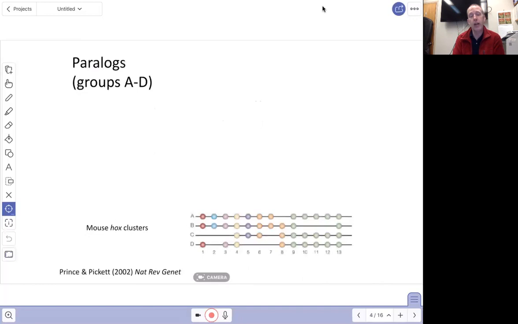So to reiterate, there are in mice 4 different paralog groups. There was ancestrally one set of HOX genes, and now in mice on 4 different chromosomes, there are paralog groups A, B, C, and D. And this is the redundancy they're talking about.